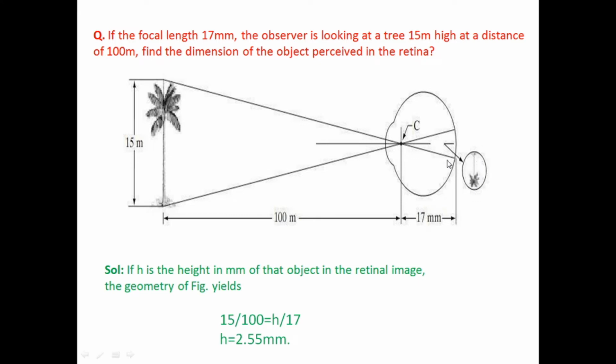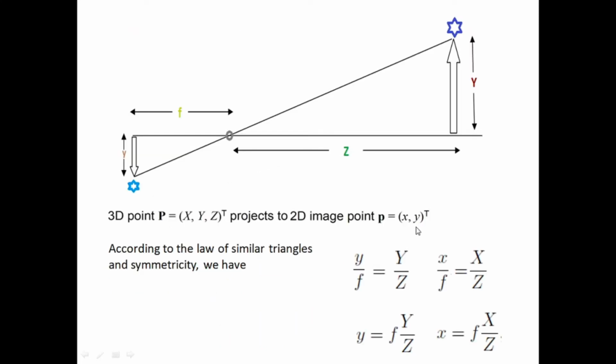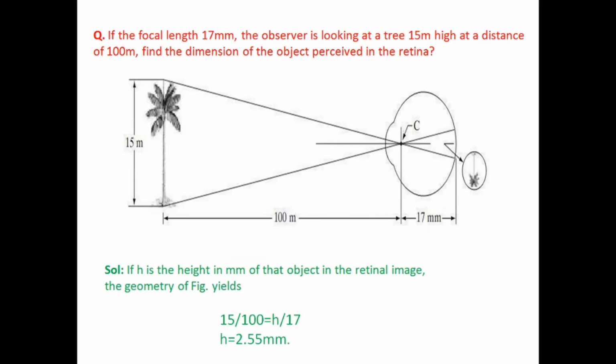So small h by small f, that means h by 17, equals 15 by 100, according to the principle we discussed just now: small y by small f equals capital Y by capital Z. The same thing I have shown here.